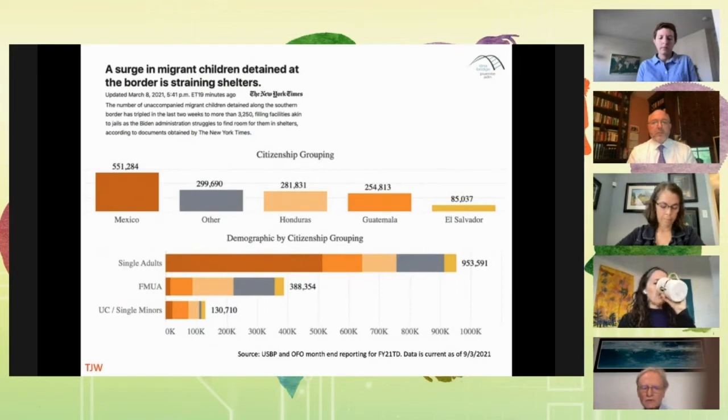Family units are also migrating in unprecedented numbers, with many coming from countries other than those in the Northern Triangle of Central America. All of these family units are at risk of separations to the extent that they continue to be under U.S. authority, and where the government's DNA testing at the border is continuing with the objective of detecting fraud. Next slide, please.